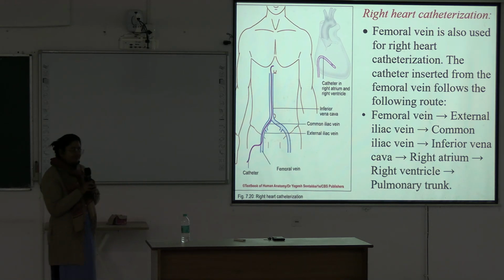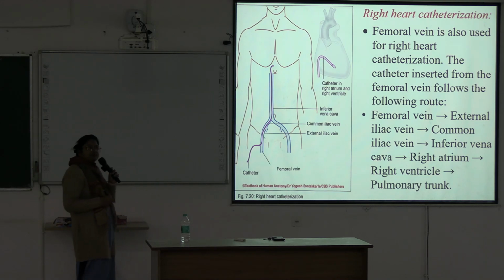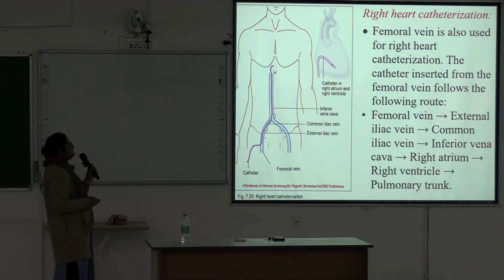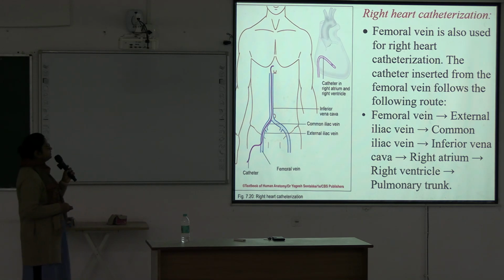Femoral vein, all these I am discussing today come as explain-why questions mainly. Okay, the clinical aspects. So why is femoral vein used in right heart catheterization? Femoral vein is also used for right heart catheterization. Catheter is inserted from femoral vein following this route. First we go through the femoral vein, then external iliac vein, common iliac vein, inferior vena cava, right atrium, right ventricle, pulmonary trunk.